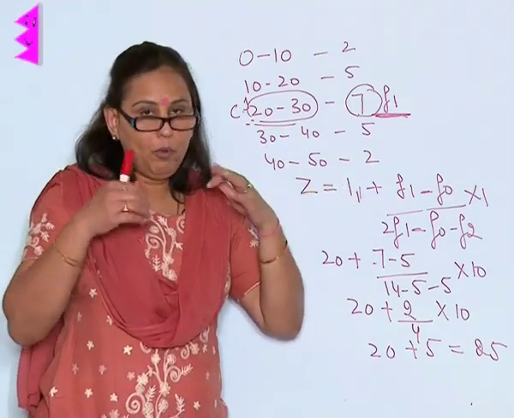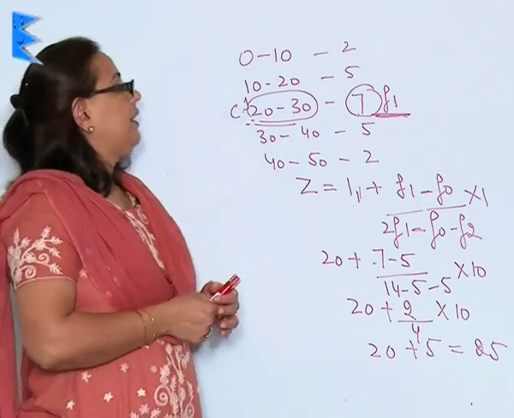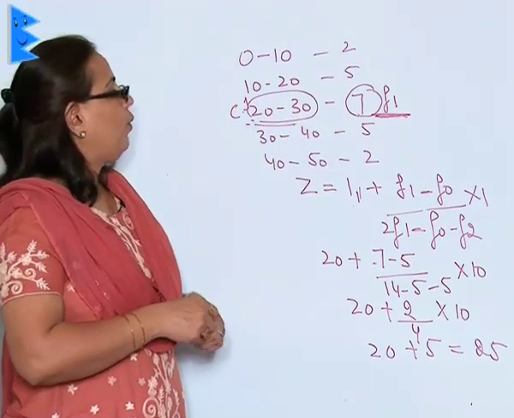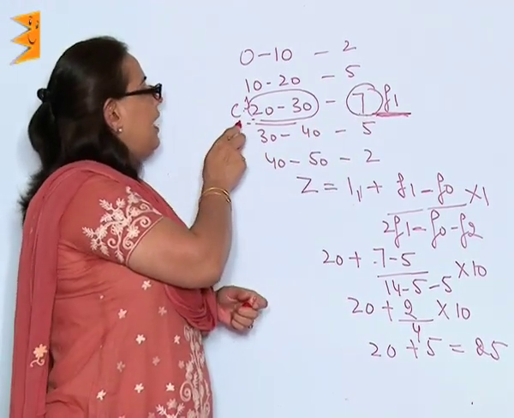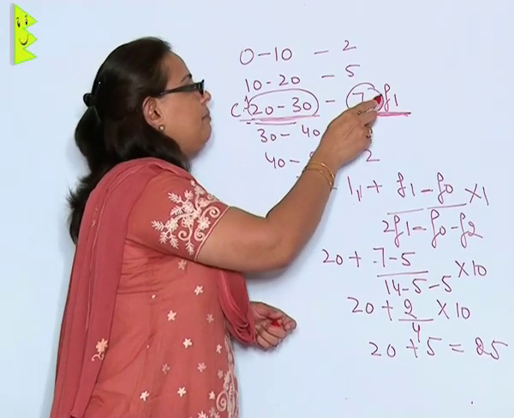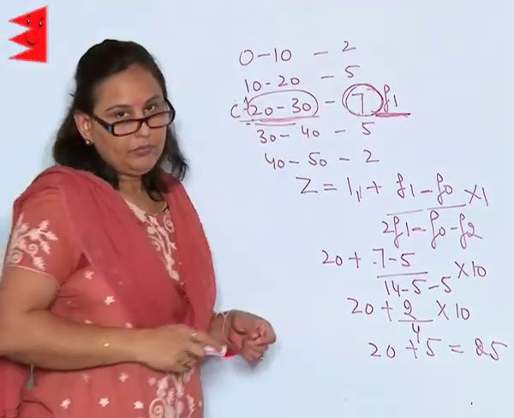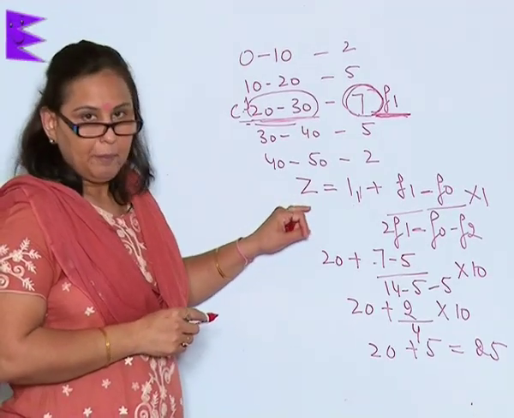As we know, mode is the one which is occurring frequently. Thus, by a glance I know that 7 is the highest frequency, which means the class interval is 20 to 30 and this is my f1. Now I will find out my mode.